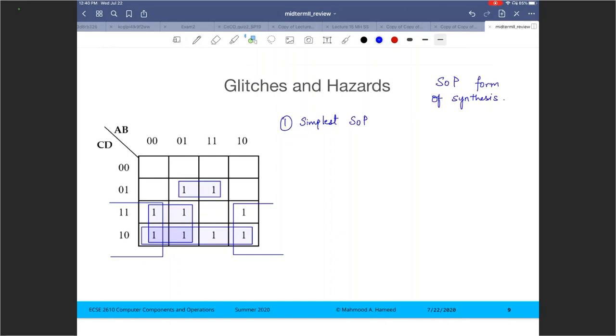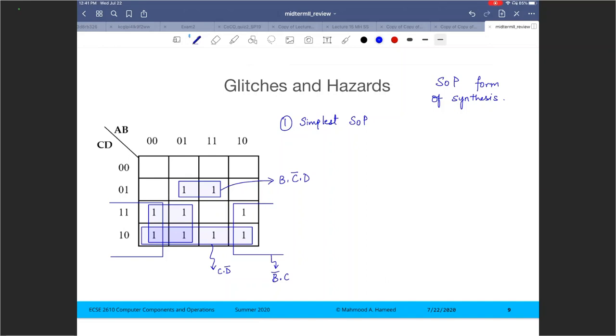So depending on what they are, since I'm doing this in a SOP format, I can quickly write those product terms. Let us try to see what that is. This will be C and D complement. This guy is going to be B is 0, and C is 1, and then this guy is going to be B is 1 here, C is 0 here, D is 1 here.